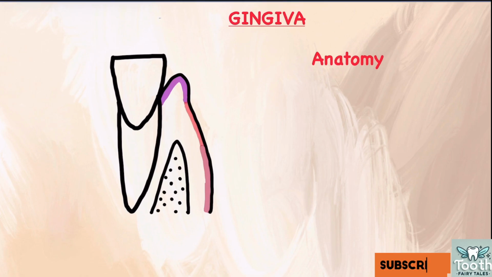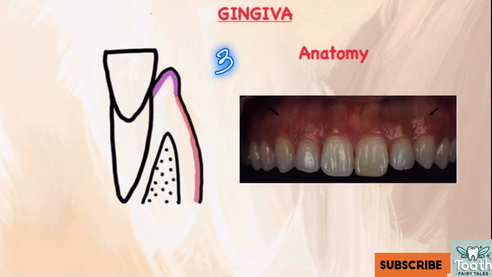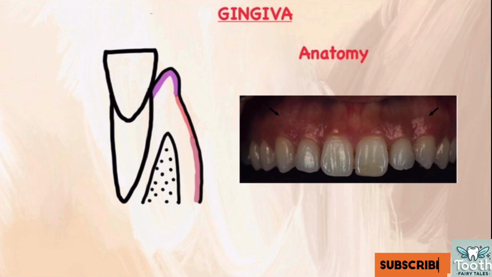Next, let us discuss the anatomy of the gingiva. Gingiva is divided into three components: marginal gingiva, attached gingiva, and interdental gingiva. Let us take a closer look at each of these. First, let us start with the marginal gingiva.